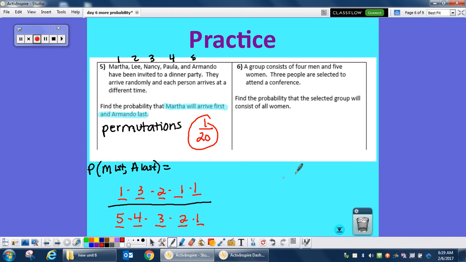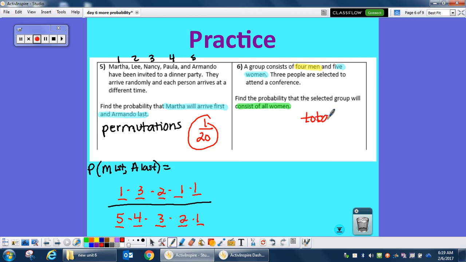All right, the last problem, a group consists of 4 men and 5 women. So hopefully this is kind of referring you back to example 2. You have 4 men, 5 women. You need 3 people to attend a conference, and we want to know the probability that it consists of all women. Okay, so I would start out by doing your total.